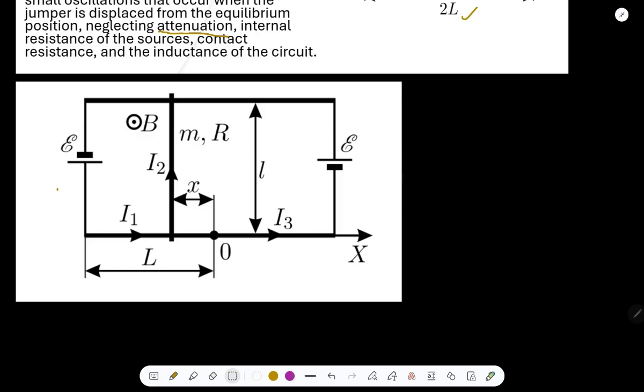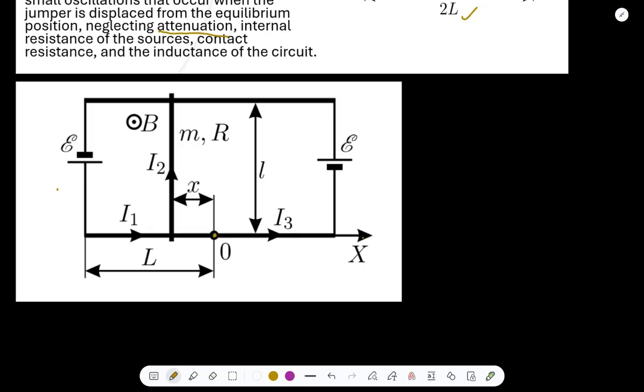And in this picture, x is very small. Suppose I just gave a small push to the jumper from its equilibrium position. As you can see here, the push is towards the left, but it is very small. And if we put an origin here and the x-axis here, this x is negative.